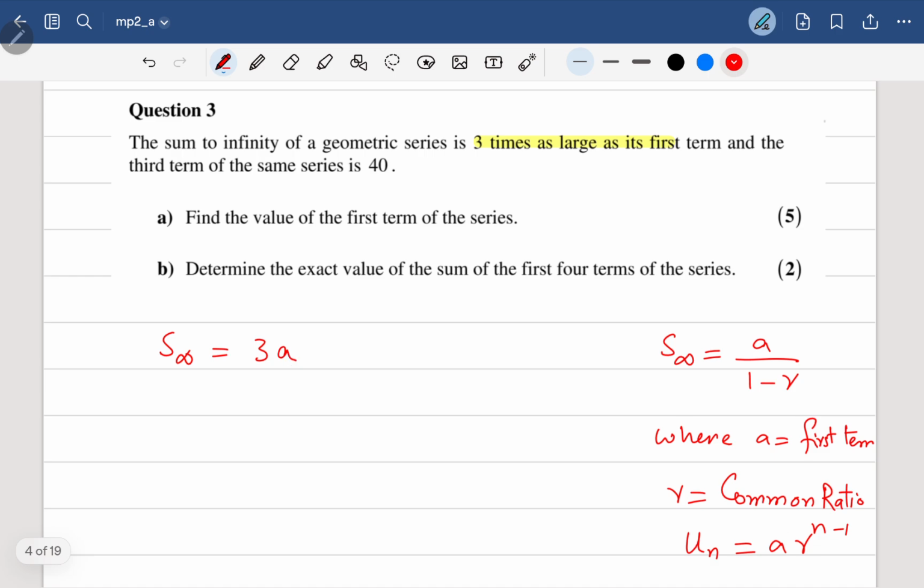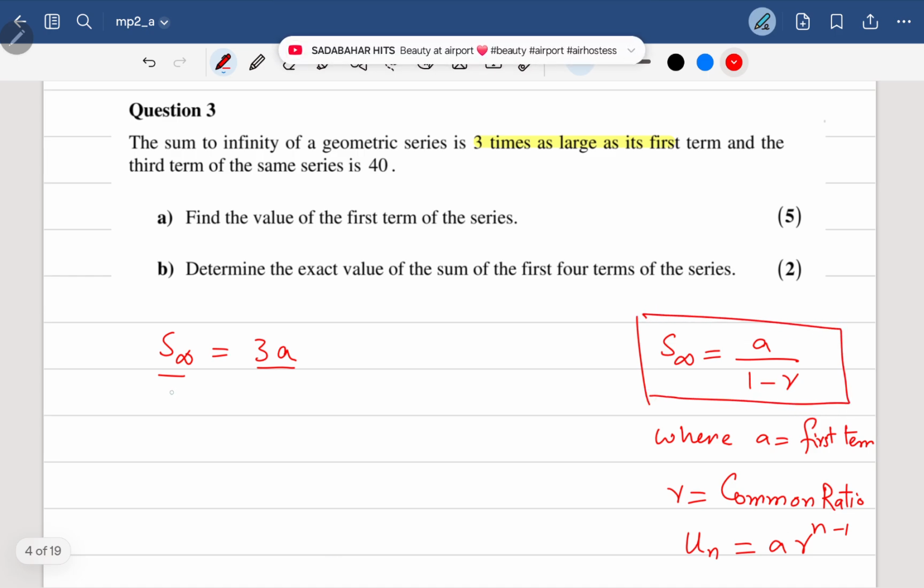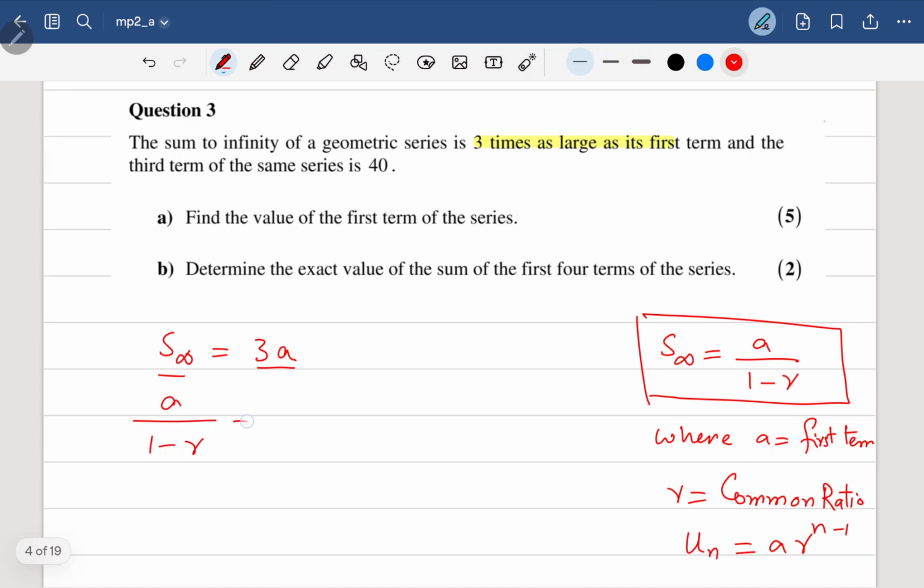So both should be equal. We know s infinity equals a over 1 minus r, so we can replace s infinity with a over 1 minus r equals 3a.